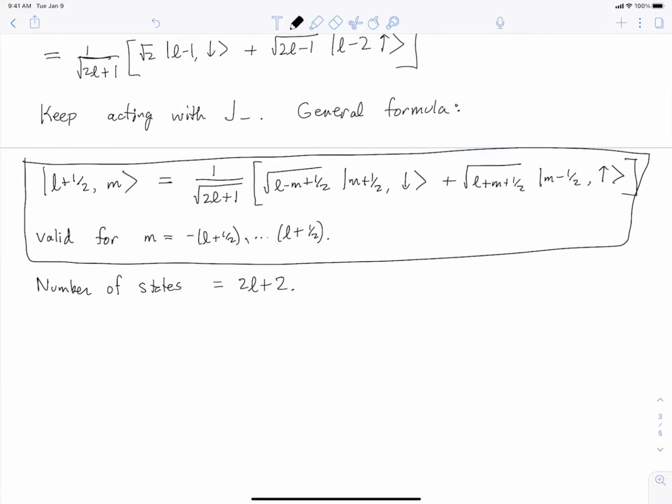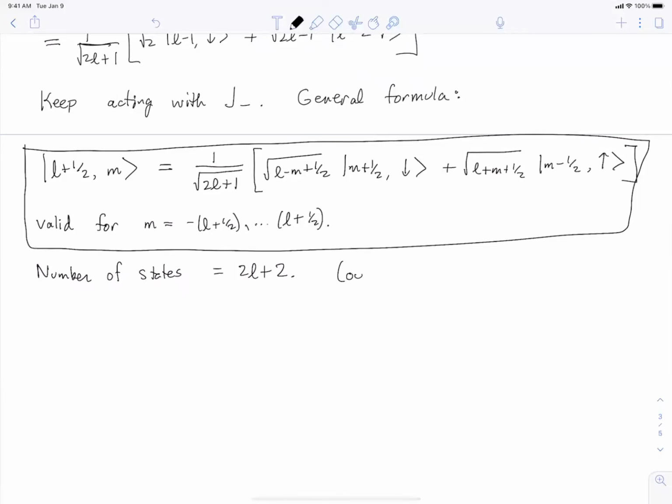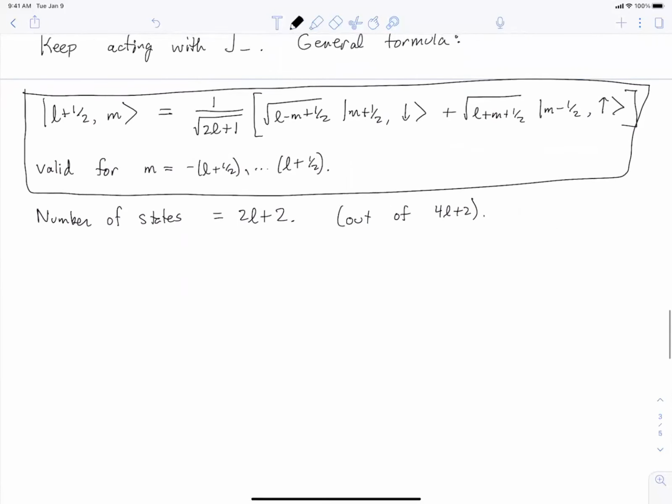Okay, now remember the total number of states here was 4L plus 2. So I'll write out of 4L plus 2. So we're missing 2L states that we have to construct next. And what are those 2L states? They are the states that we need. So we need L minus 1/2 m type states. Okay, and there will be 2L of those.